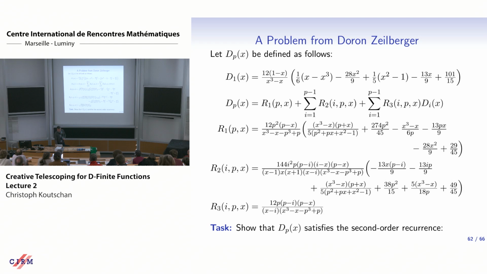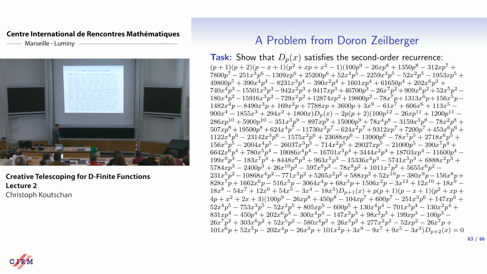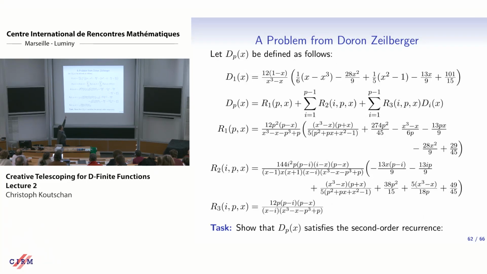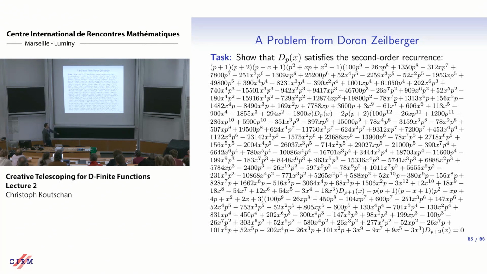So he found a second order recurrence, a P-recursive recurrence that looks like this. And he wants to prove that the sequence defined by this recursive formula is the same as the sequence you get as a solution of this second order recurrence, of course, if you choose appropriate initial values.